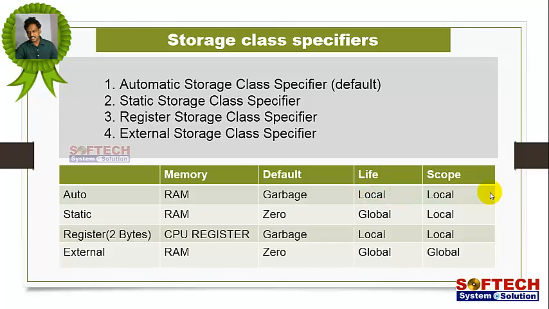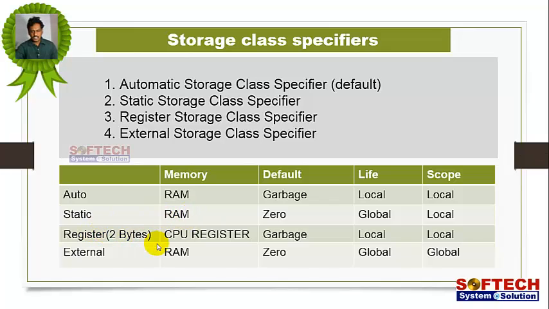If we leave the function, it will not remove the location. If we re-enter the function, it uses the same memory location, in which the previous value is stored. This life is global. So static has global life but local scope. We can access the variable within the function only. We cannot access it out of the function.